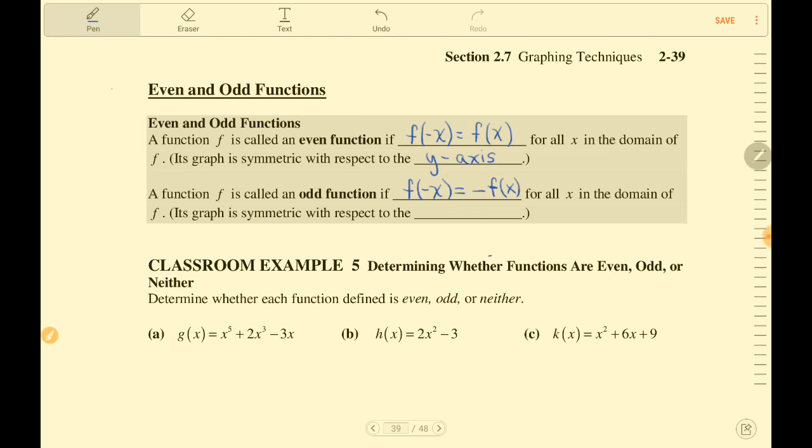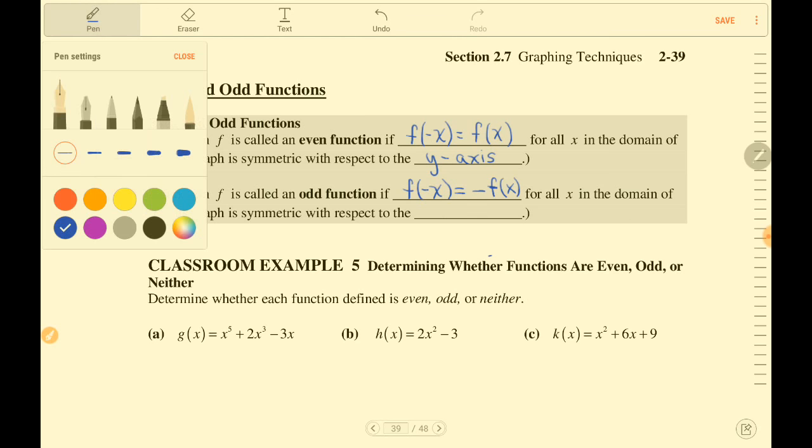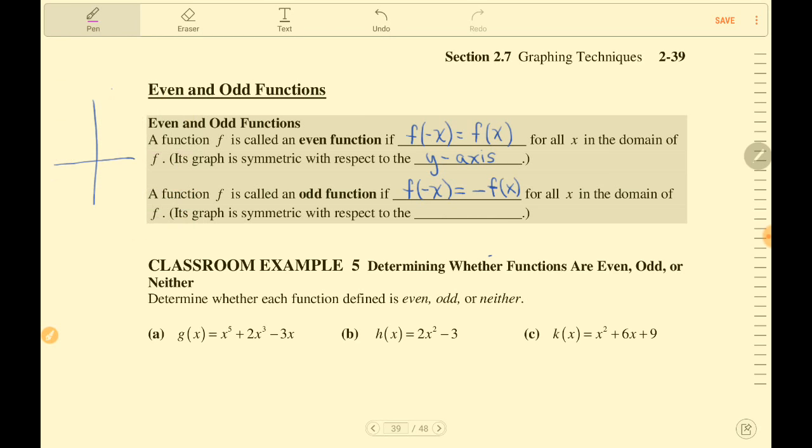That's like a function that is symmetric to the x-axis and symmetric to the y-axis, such as a circle centered at the origin. This is an example of an equation that would be symmetric to both the x-axis and the y-axis. It is also symmetric to the origin.